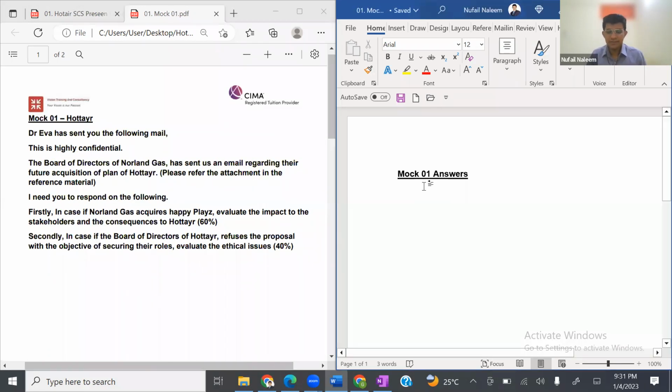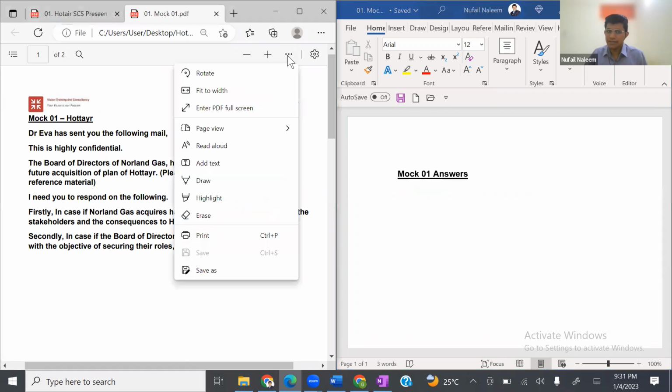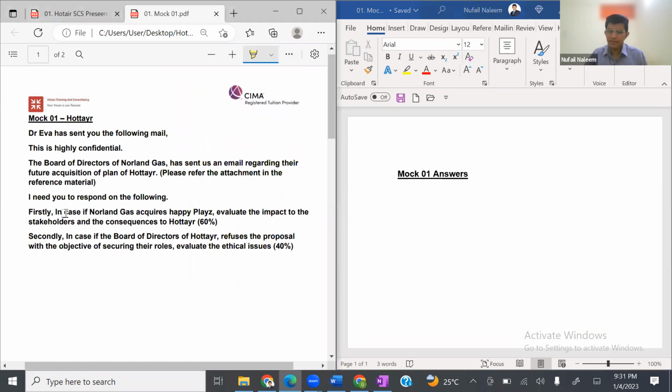Now, students, if you look at the exams of today's situation, you need to understand that you need to work while you are reading. You can't just read and go, you need to work while you are reading. So in this case, students, let's start applying the ideas first. Firstly, in the case of Nolan Gas acquires Happy Place.